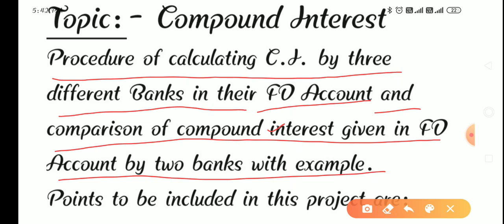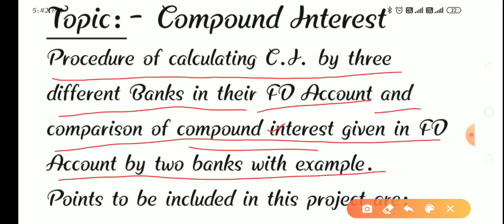After getting this procedure, you have to give one example in which you will make the comparison of compound interest of 2 banks out of the 3 banks which you have gone to.